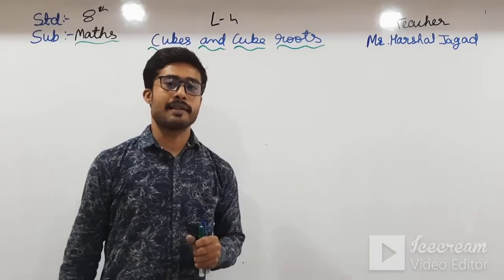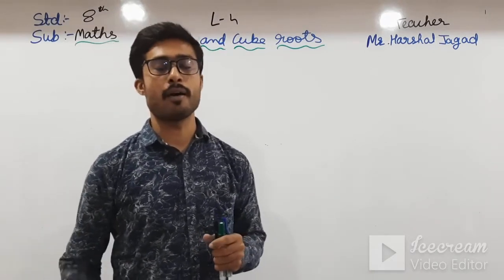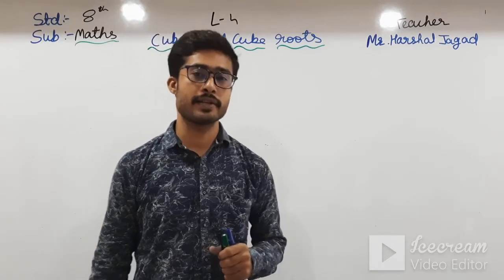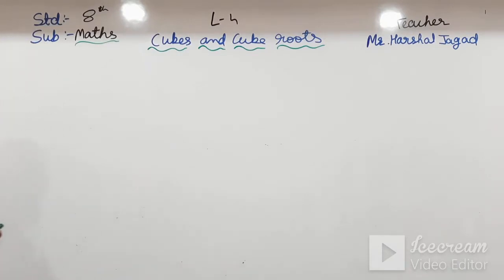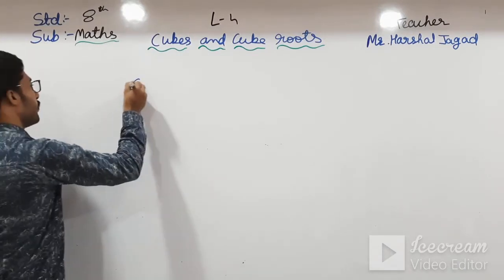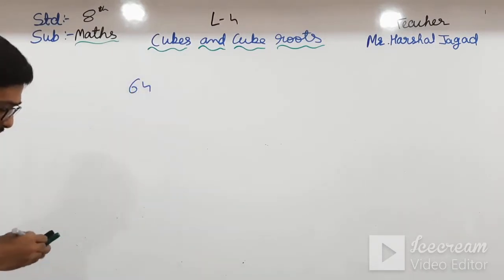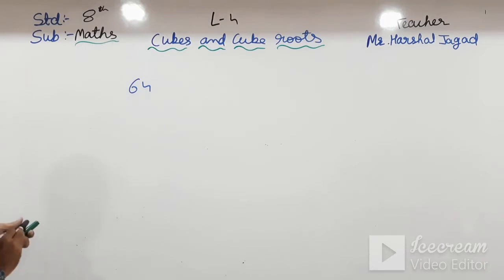So in the previous lecture we have just seen how to find the cube root by the factorization method. Let us see an example of it. If we take the cube root of 64, how do we find it by the factorization method?